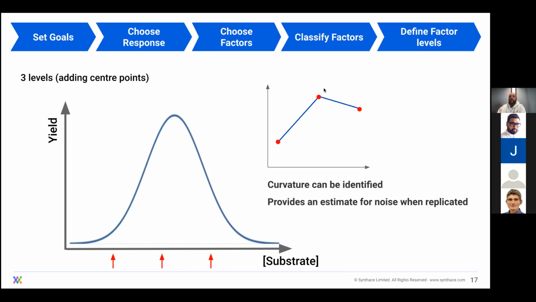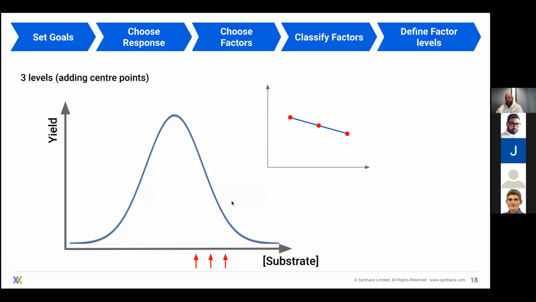There is indeed curvature in the response of yield. Center points can also be replicated during experimentation, and this allows the statistical software to provide an estimate of noise for the biological system, which is then used when modeling the impact of factors on the responses.